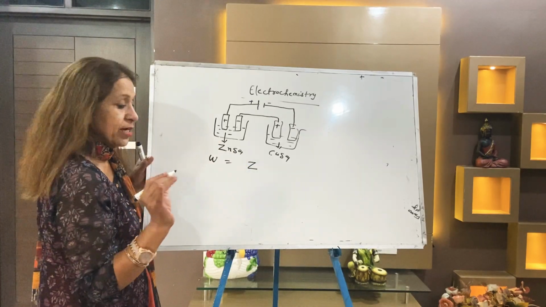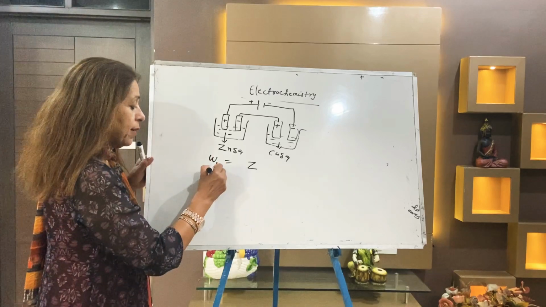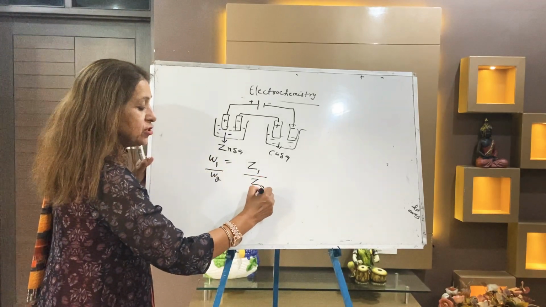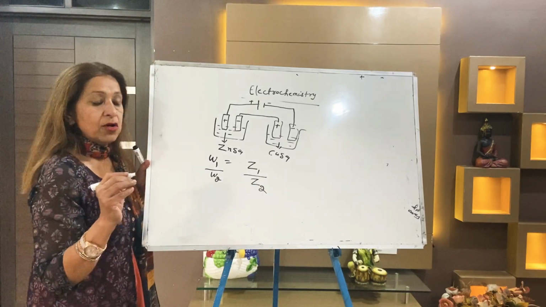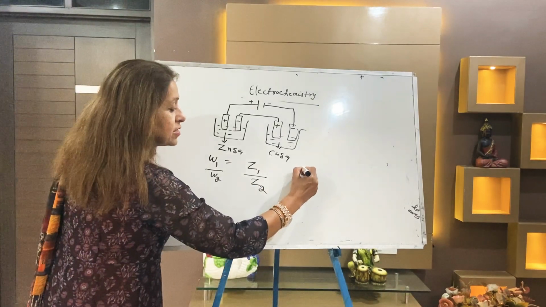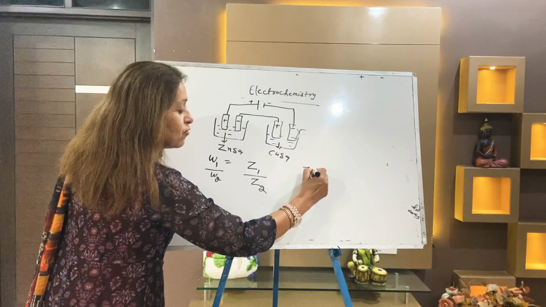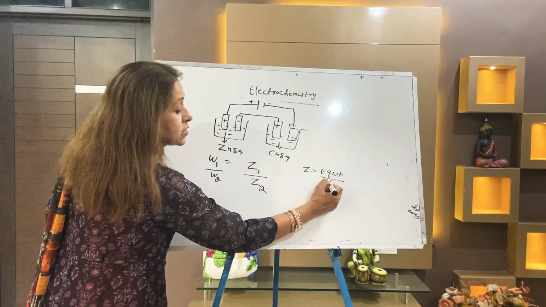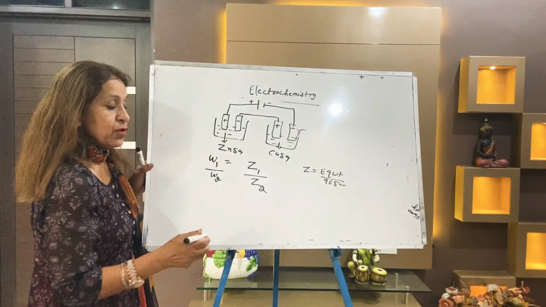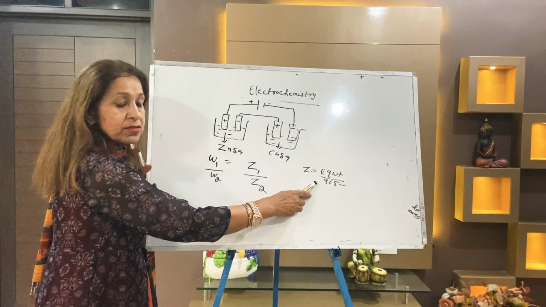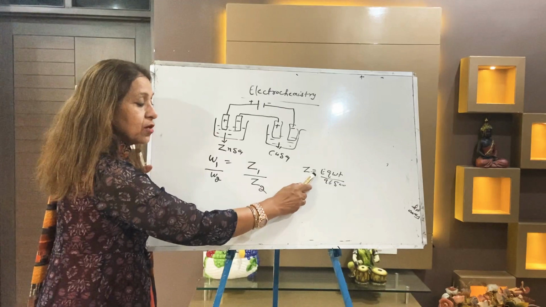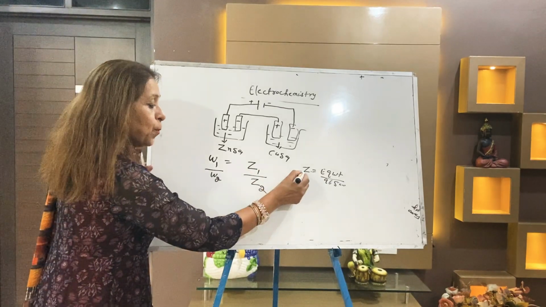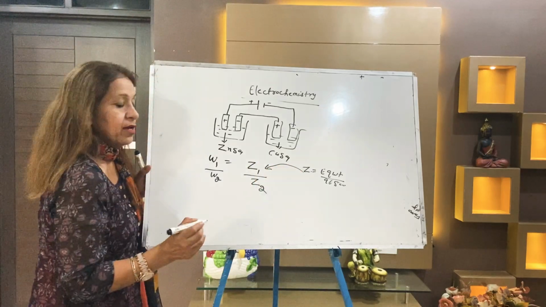Now W is equal to Z, because we have different solutions. W1 by W2 is equal to Z1 by Z2. In the first law of electrolysis, what was Z? Z was equal to equivalent weight by 96500. First law tells us Z is equal to equivalent weight by 96500. So you put the value of Z1 here.